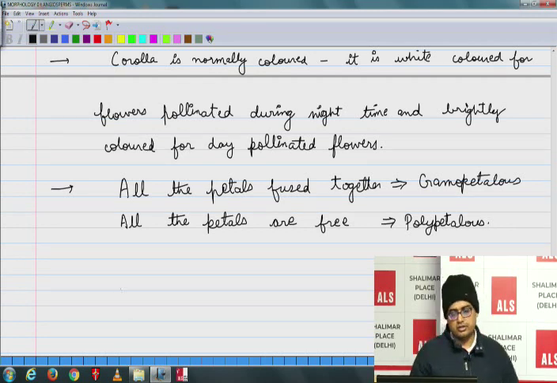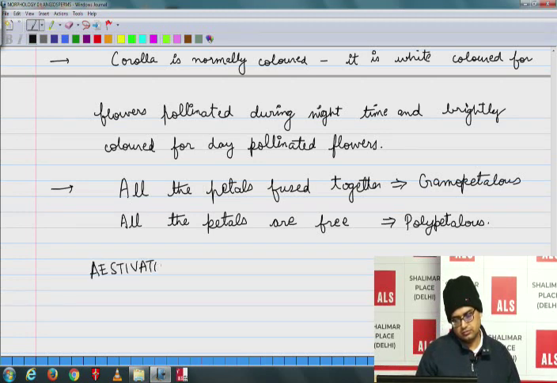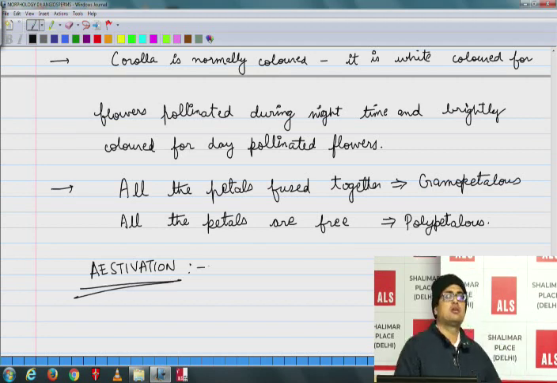All right, so let's put the heading, estivation of calyx and corolla. Estivation means arrangement of calyx and corolla members. I hope you have written.